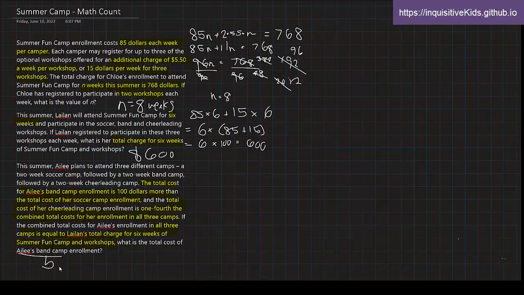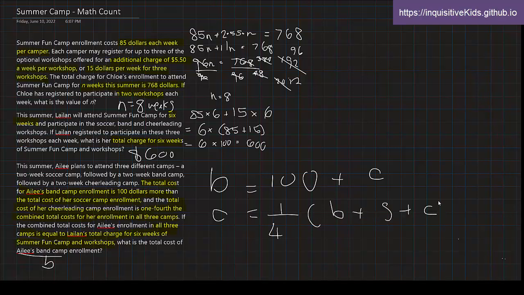This is what we're trying to find. So let that be equal to B. Band camp enrollment is equal to $100 more than her cheerleading camp enrollment. And the cost of her cheerleading camp enrollment is 1/4 of band plus soccer plus cheerleading.